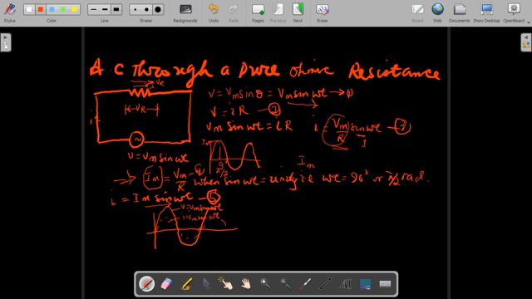It then means that both the voltage and the current rise and fall at the same time.